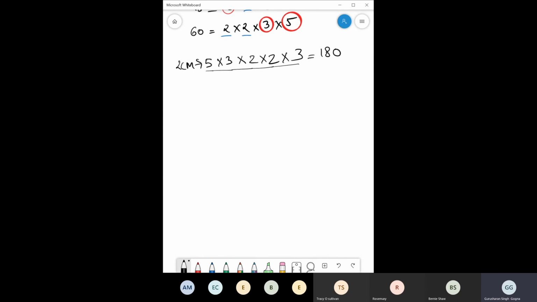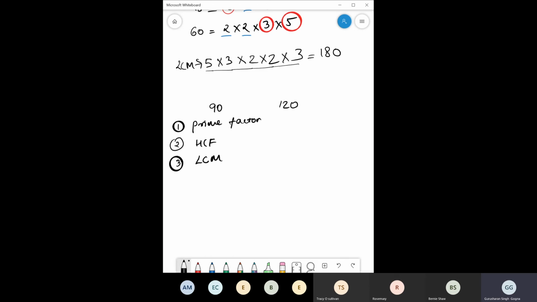Okay, I'll give you one question and I hope everybody has a notebook there. The question is, I want to find out number 1, the prime factors of these two numbers. Number 2, the highest common factor. Number 3, the lowest common multiple.